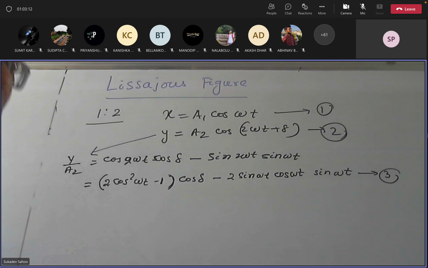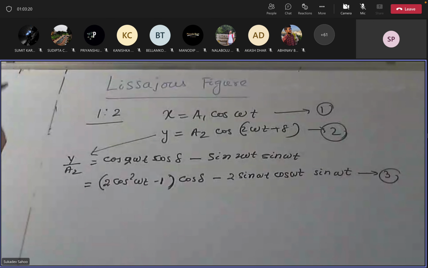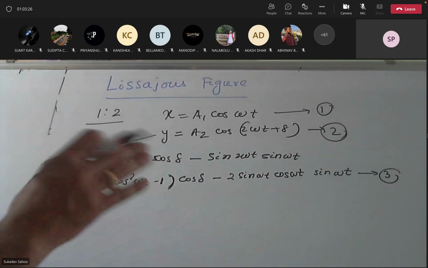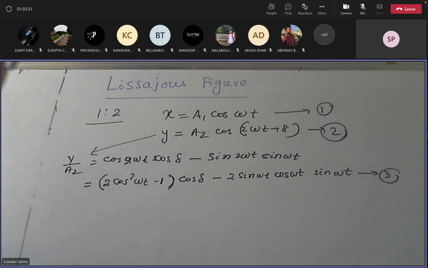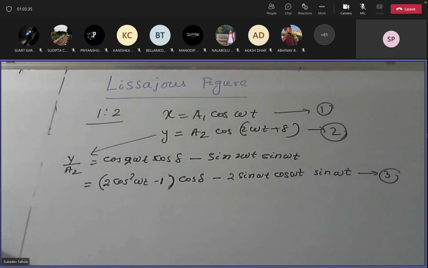Like the previous case, a few steps, 3-4 steps, I am omitting. You only have to substitute the value of sin omega t and cos omega t. Then, like the previous case, rearrange the terms, square, and simplify. After doing those things, you will get the equation of motion.